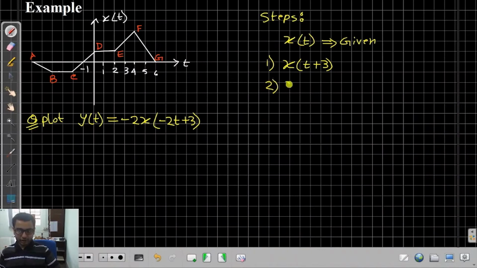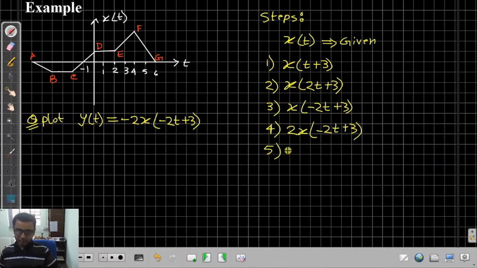Then you draw x(2t+3). Then x(minus 2t plus 3). Then 2x(minus 2t plus 3). And finally minus 2x(minus 2t plus 3). We shall start with this and plot these graphs one by one.